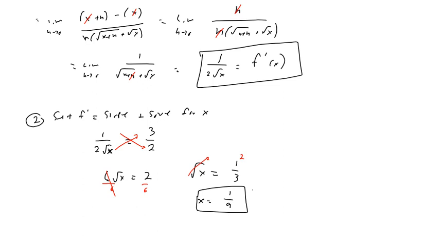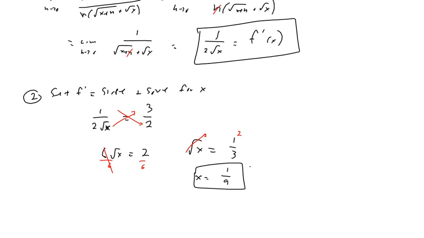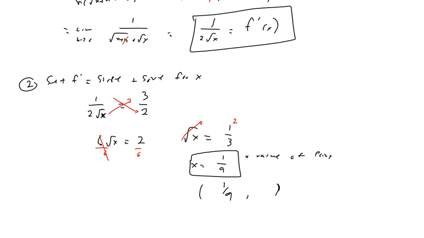The x location, the x value of the point. So I know my point is 1/9, comma something. Again, I take this 1/9 to find the y value.